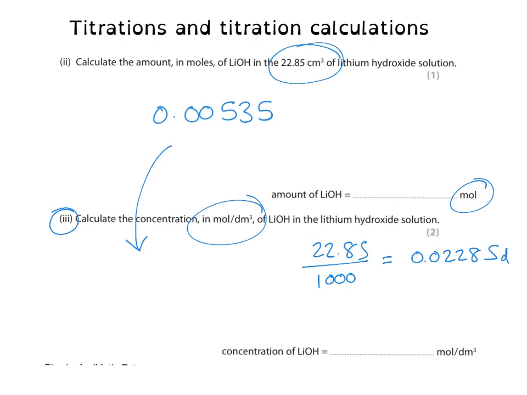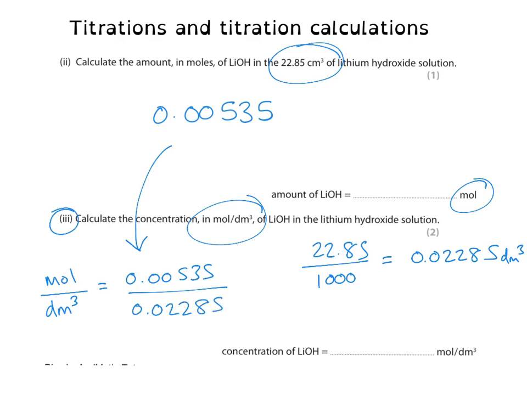That's my decimetre cubed. I want concentration, so I want moles per decimetre cubed. I did moles in the last question, 0.00535. I did decimetre cubed just now, 0.02285, and I get my final answer as 0.234 moles per decimetre cubed.